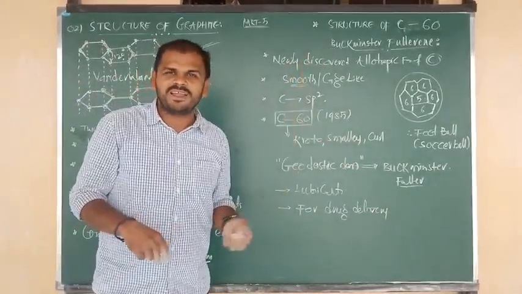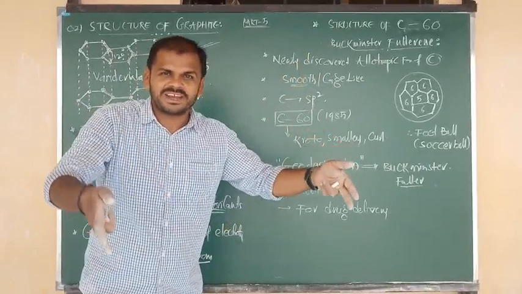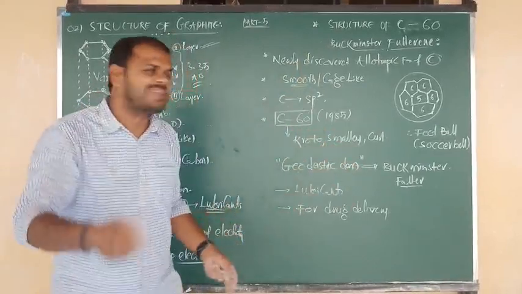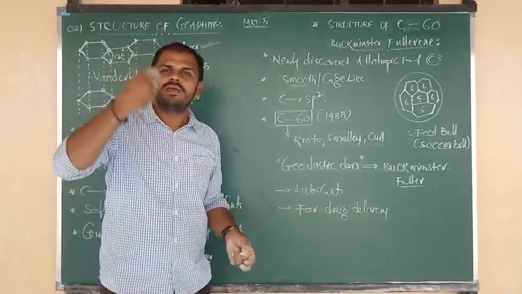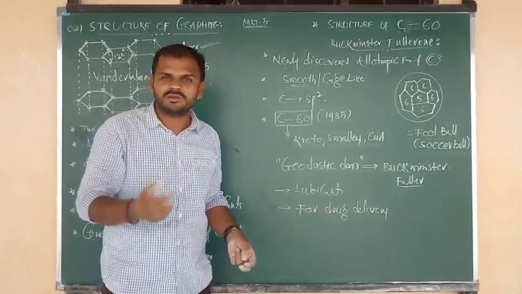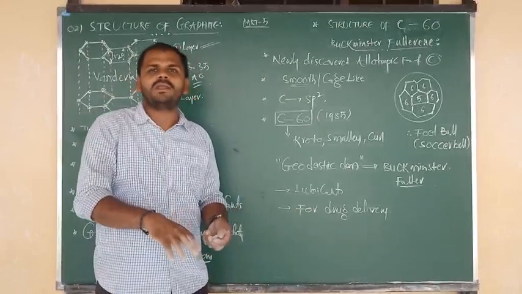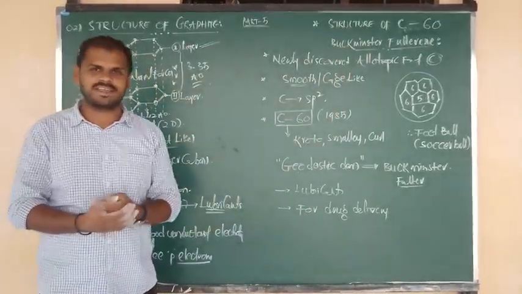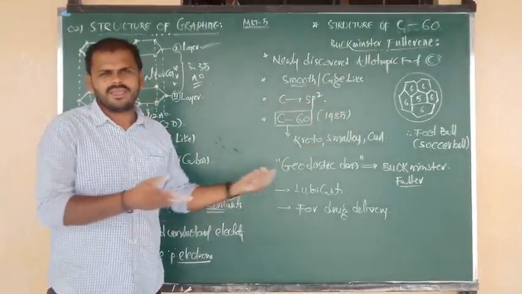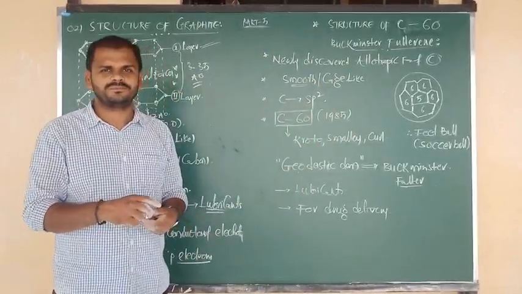Actually, using fullerene, we are now making nanotubes. All nanotubes are made from fullerenes. In the medicinal field, we use nanotubes, especially for drug delivery. You can use these fullerenes, and they can be used as superconductors also.